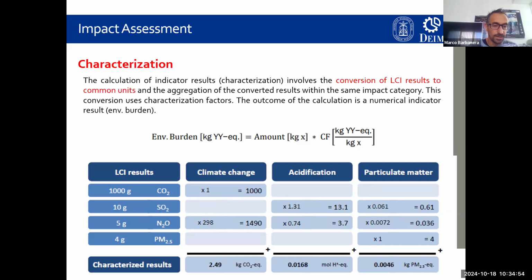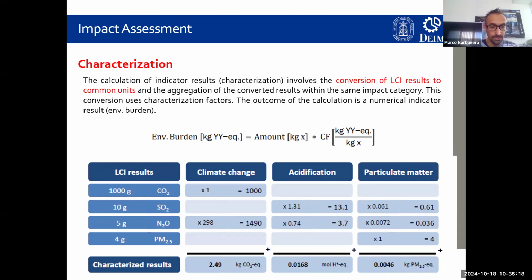But in the case of N2O, the characterization factor is higher than 1. In this example, 298, because the contribution of the nitrogen monoxide to this impact category is higher than CO2.